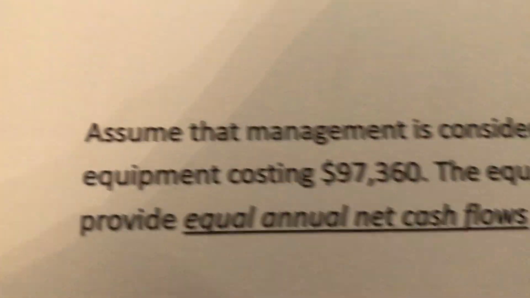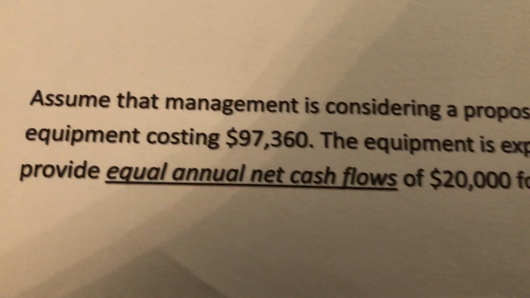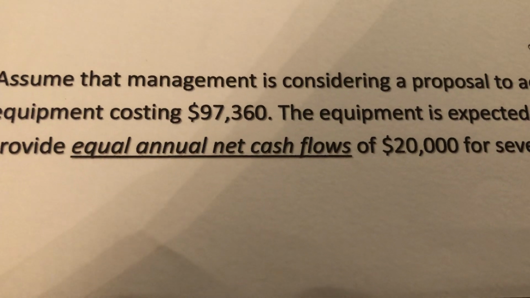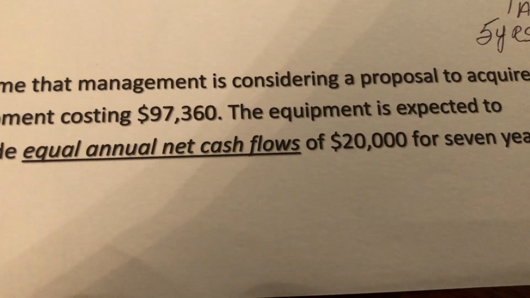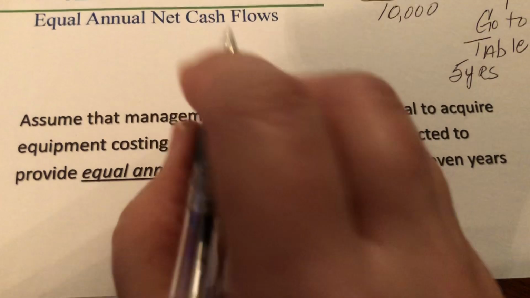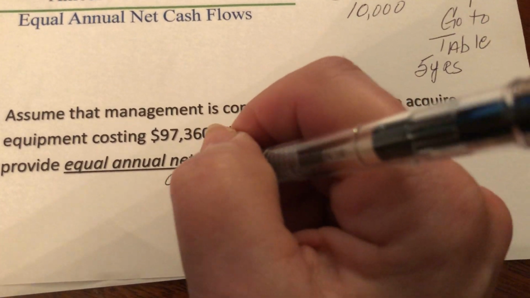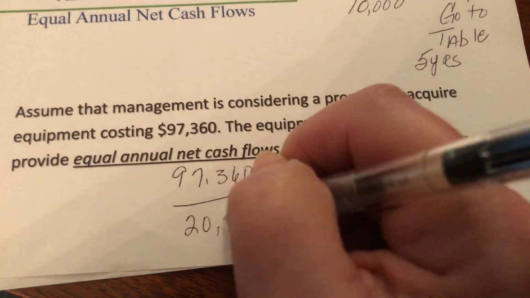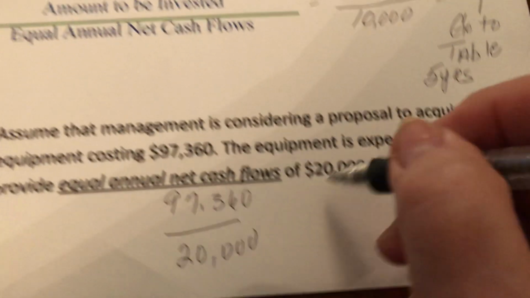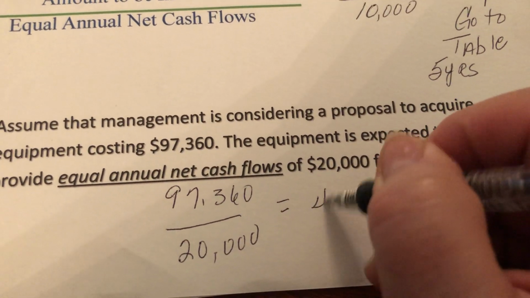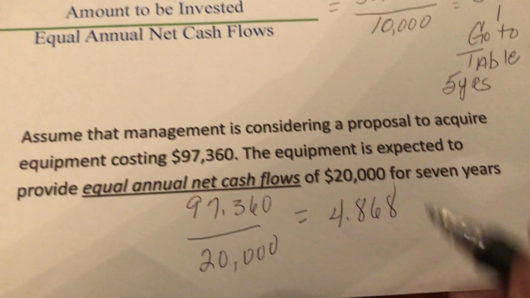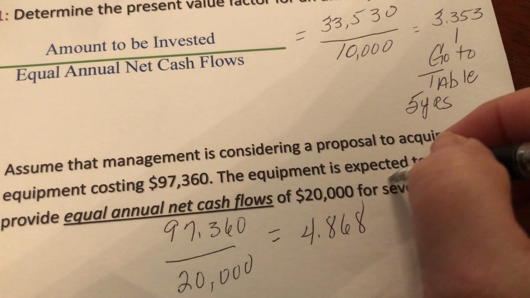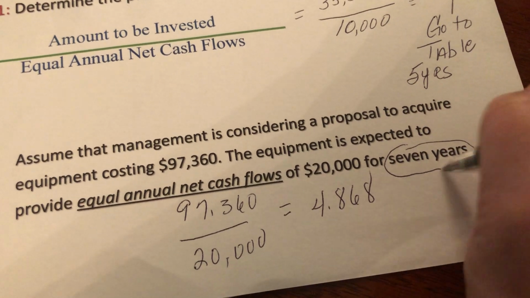Okay, here's another problem on our page. Assume management's considering the proposal to acquire equipment costing $97,360, and the equal annual net cash flow is $20,000. So $97,360 divided by 20,000, that's your formula. When you run that through your calculator, you get 4.868. Now, what you do is you go to your annuity table, you find 7 years.